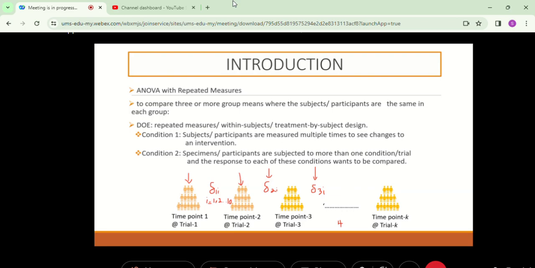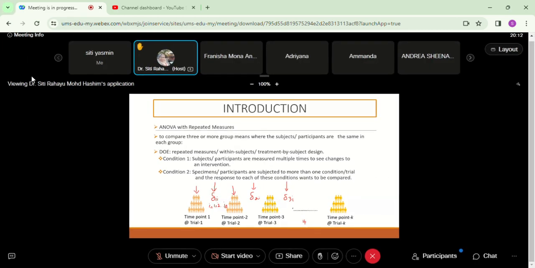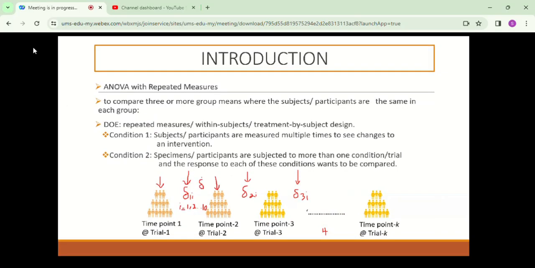So the distributions of the differences, delta 1i, delta 2i, and delta 3i, must follow approximately, the differences, we have the variance, right? When we have delta 1i, delta 2i, we can also have delta bar, the average of the differences.